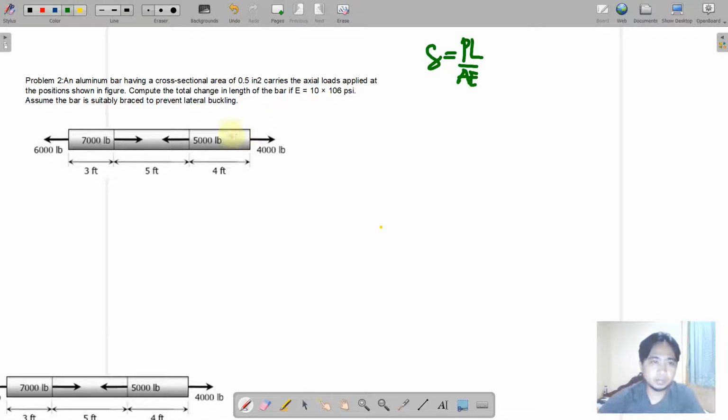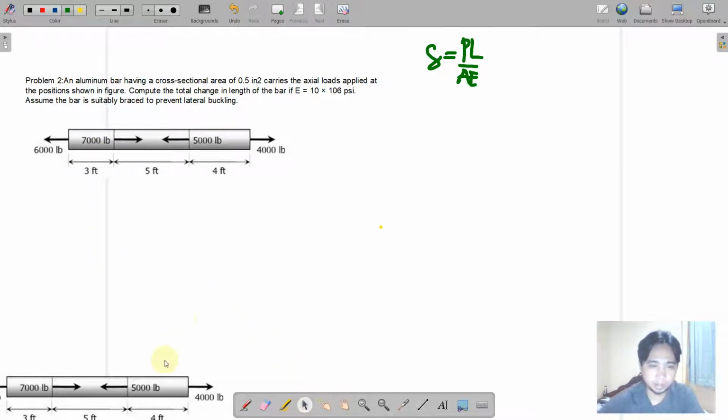Since we have three segments of 3 feet, 5 feet, and 4 feet, let us apply our technique in method of sections. In method of sections, we usually cut the member.